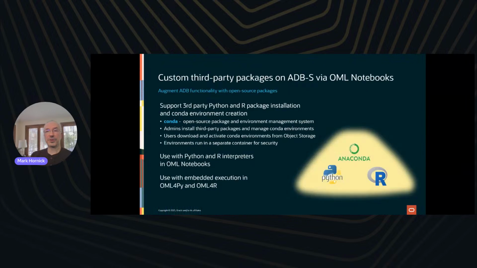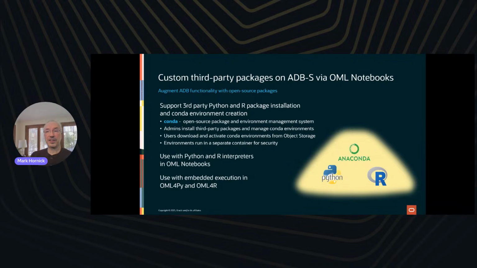Now, if you want to use third-party packages on Autonomous Database, you can do that by creating custom Conda environments as the admin user. And this applies to both Python and R packages. The administrator installs the packages and saves them to cloud storage. And users can then download and activate those Conda environments from object storage.